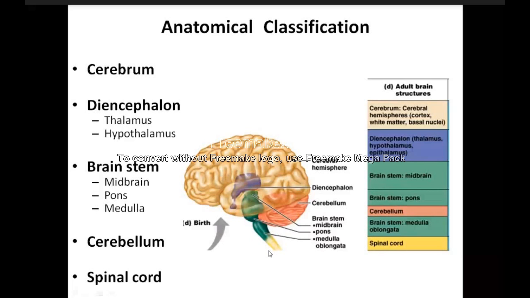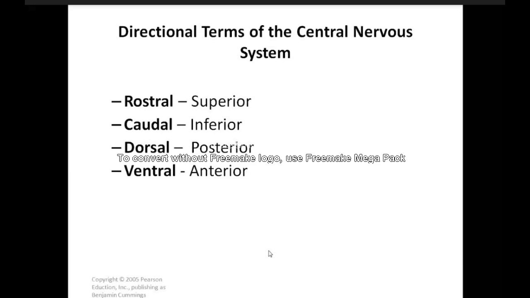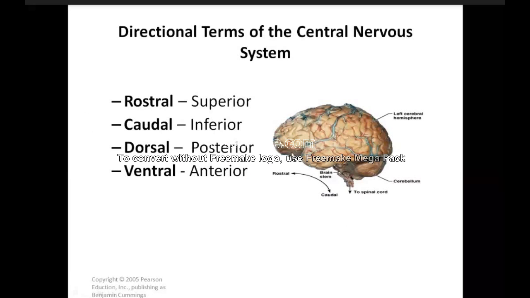Now, the terminology that you use in the central nervous system is slightly different from other organs. For superior, you use the terminology rostral, for inferior it's caudal, for posterior you use the terminology dorsal, and for anterior it is ventral.